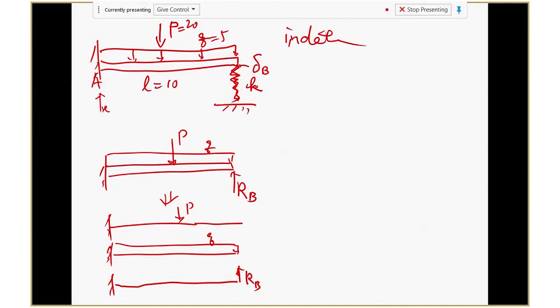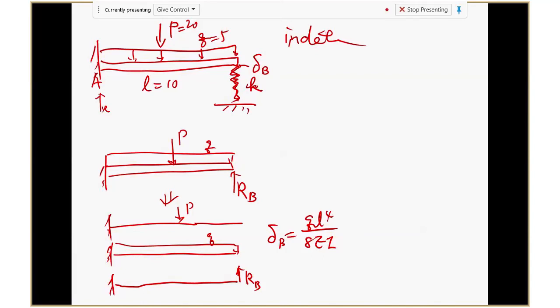Now, based on what we learned last time, which one would you use for this problem? You use the Vx or you use this delta B? Delta B is much easier because that's the point where you're going to have the compatibility equation or the boundary equation. So we use this one. Remember this one? Q over 8. I can write it down here and then I'll switch over. So for this load, delta B will be equal to QL^4 over 8EI.